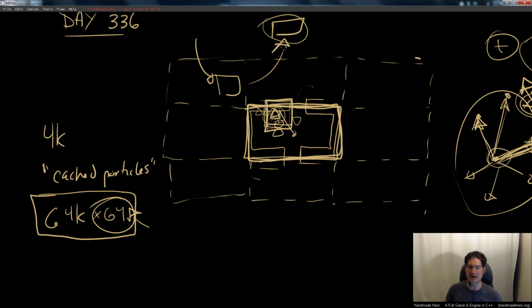So, it might not be strictly least recently used. It may be more like distance from camera. And so if you are closer to the camera, we will preserve you at the expense of someone far away from the camera in the event that all of the particles have been touched this frame or last frame, and so we don't have one that we know we can throw away that isn't going to be touched, right?